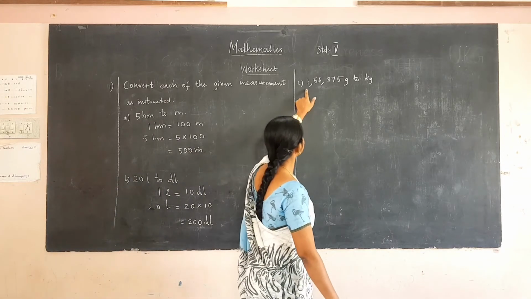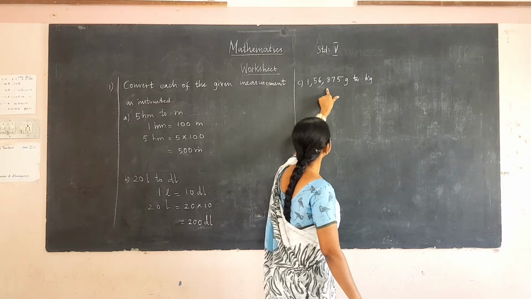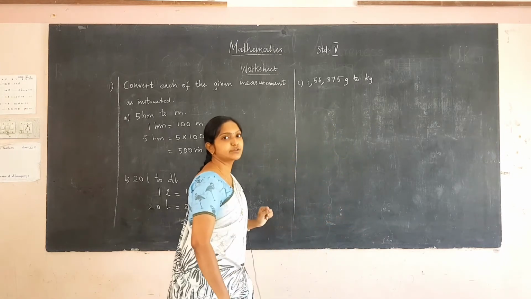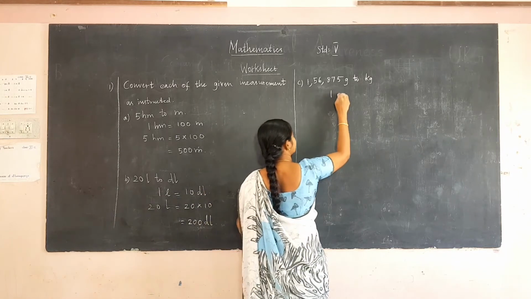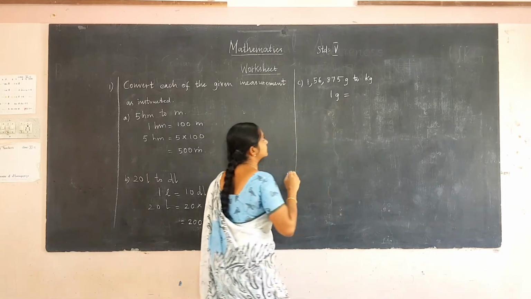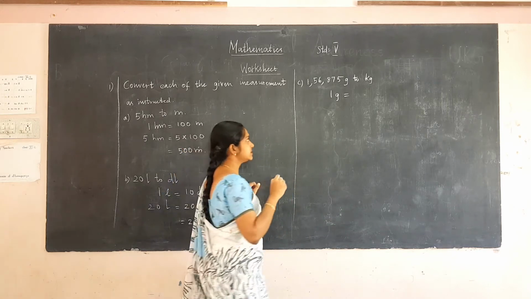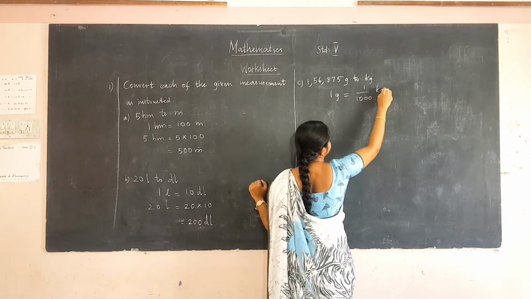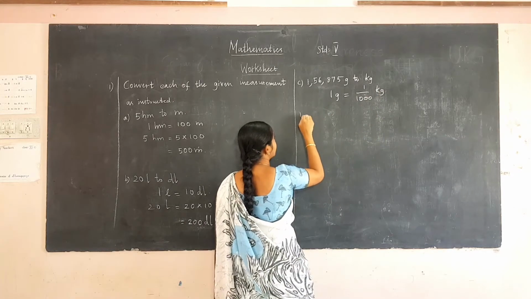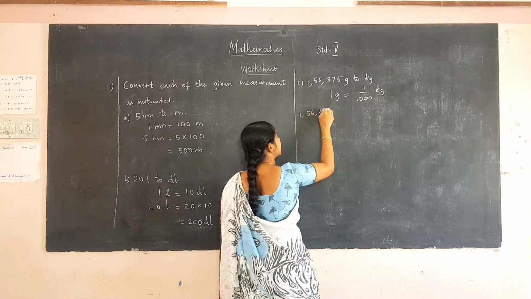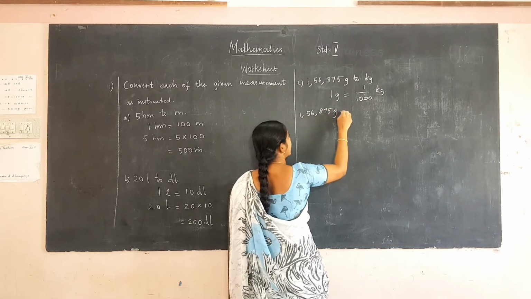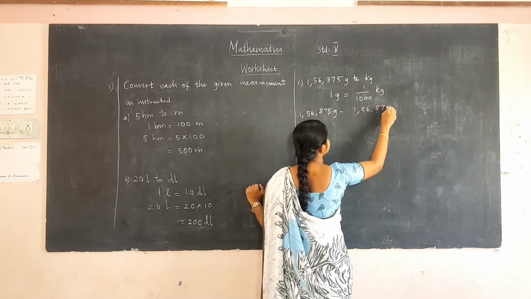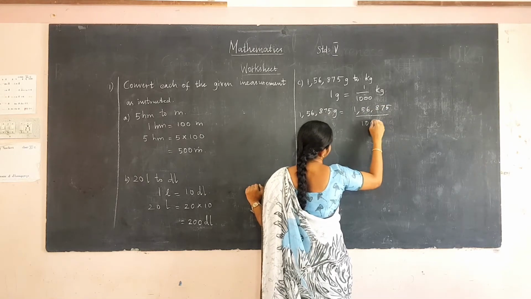Next, 1,56,875 grams to kilogram. We are going to convert gram to kilogram. 1 gram is equal to 1 divided by 1000 kilogram. Then for 1,56,875 gram, we have to divide 1,56,875 by 1000.